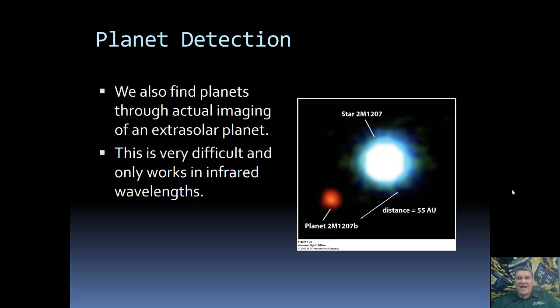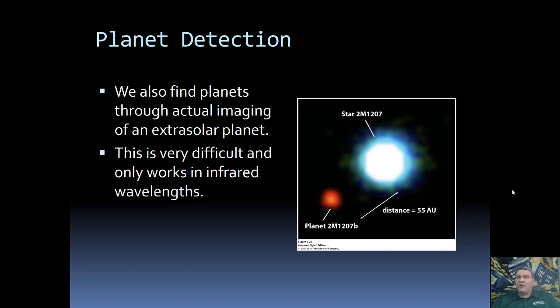What this means is we actually take a picture, and in the picture we can see the planets. This method is best done using infrared. Remember, the planets using visible light are only reflecting the starlight, so they're going to be super faint and really, really hard to see compared to the super bright star in the middle.